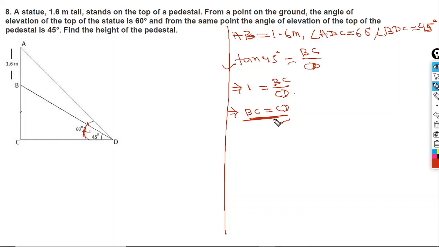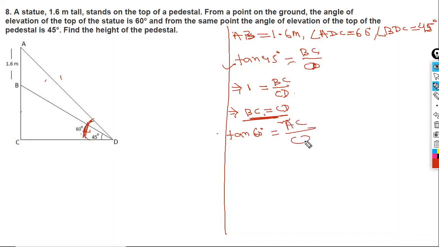Well, now we will move to angle 60 degree. Now tan 60 we will find. Tan 60 degree will be equal to AC by CD.